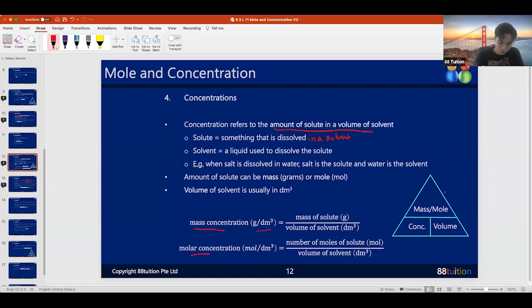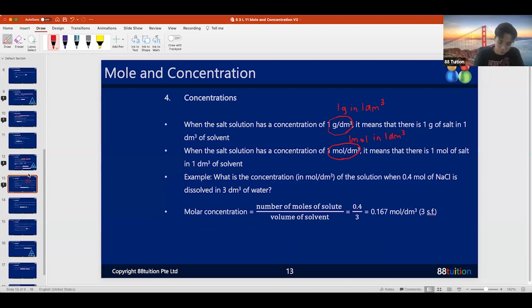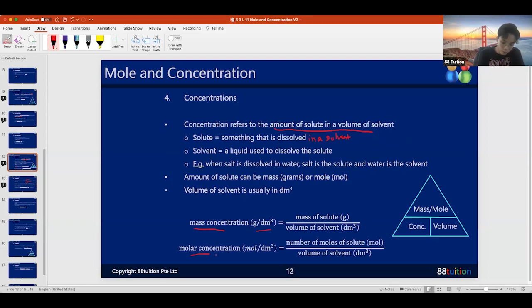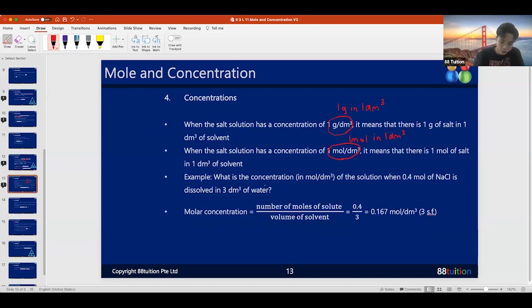Okay. So maybe to give another example, let's follow this example: what is the concentration of the solution when 0.4 moles of sodium chloride is dissolved in 3 dm cubed of water? Like we learned previously, the question is asking for concentration in molar concentration.